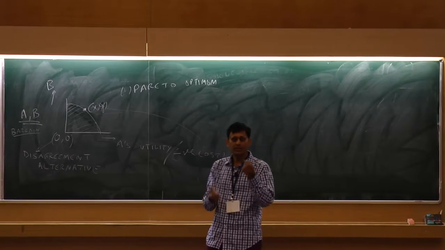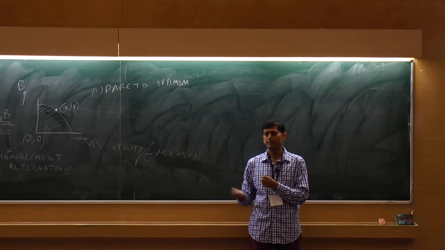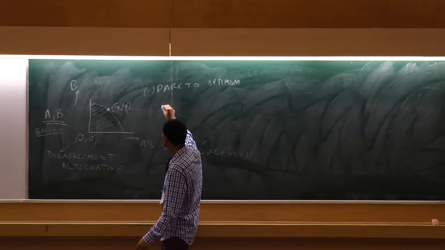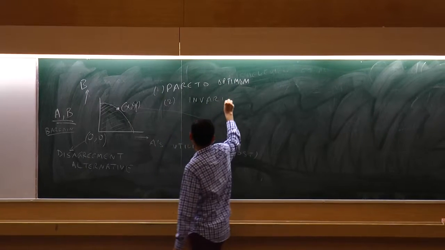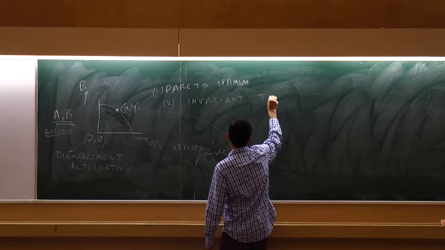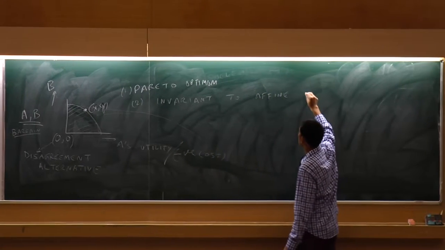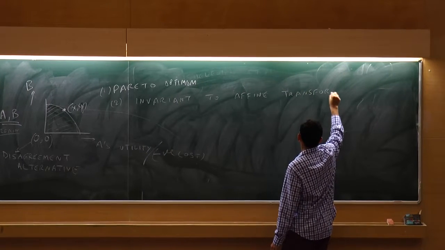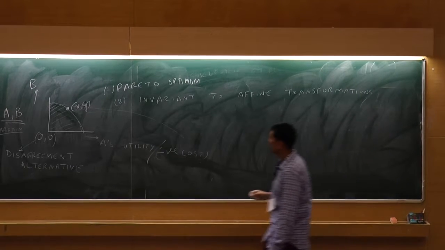The currency in which I measure utility shouldn't affect the outcome. Does it make sense? So it should be invariant to affine transformations.